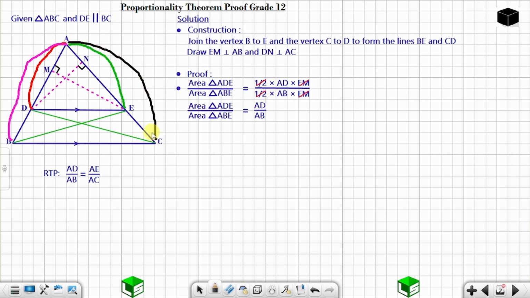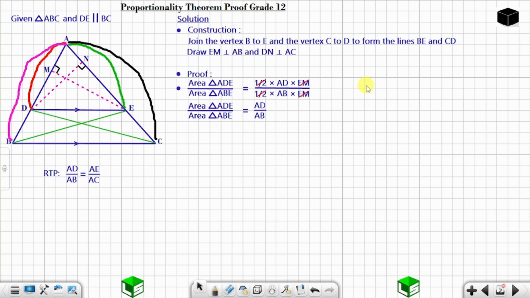So we are going to use the area of this triangle ADE, because you are going to have AE, and we are going to use the area of triangle ACD, because you are going to have AC.